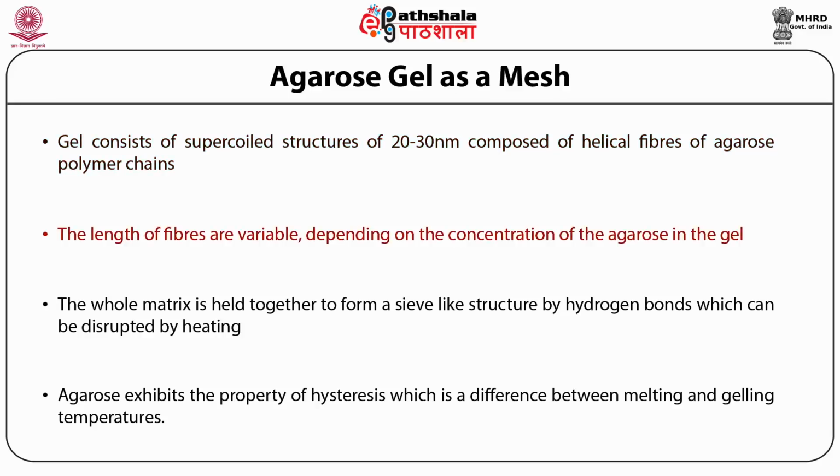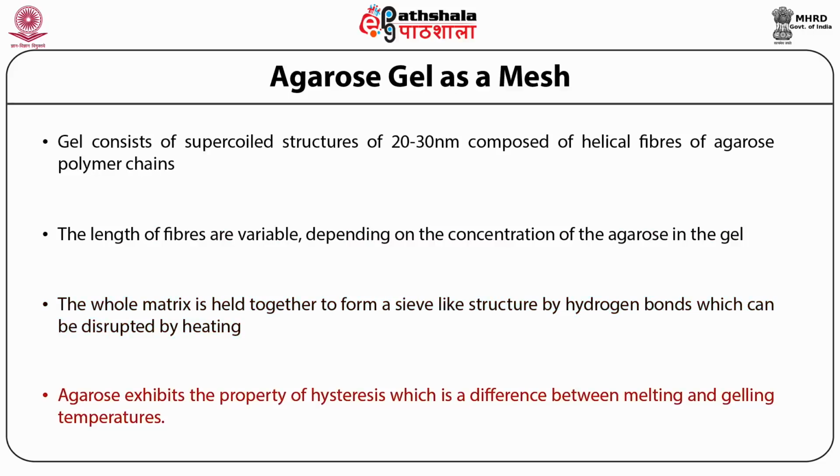The length of the fibers is variable depending on the concentration of the gel. When solidified, these fibers form a quasi-rigid mesh consisting of channels ranging from 50 to 200 nanometer diameter. The whole matrix is held together by hydrogen bonds, which can be disrupted via heating.